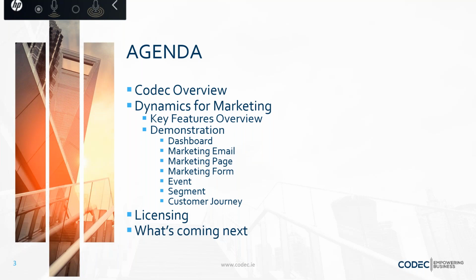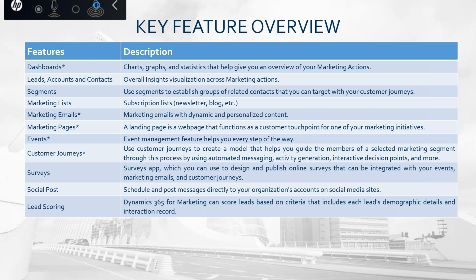And also give you an explanation about how the licensing works. And we can also have a visualization about what's coming next in relation to the future updates for Dynamics for Marketing.